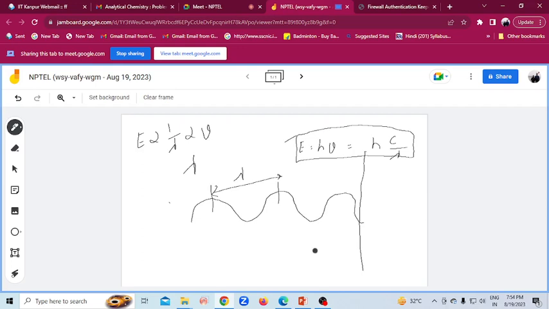If your radiation has higher energy, then it has a very short lambda.